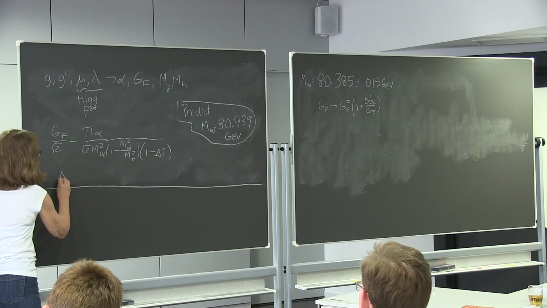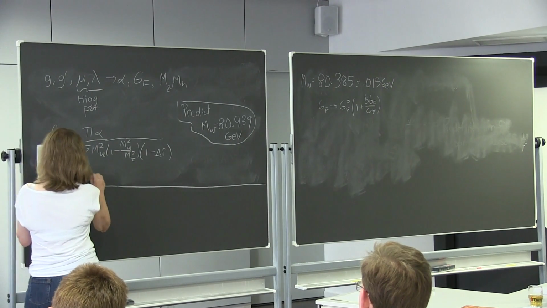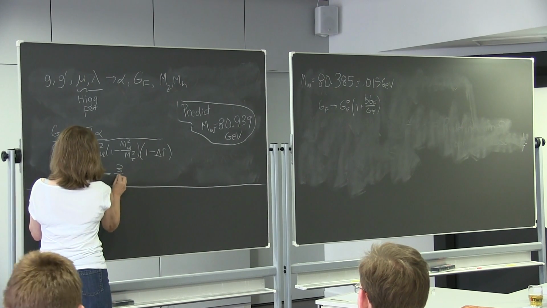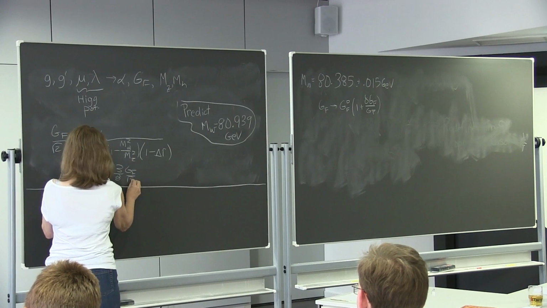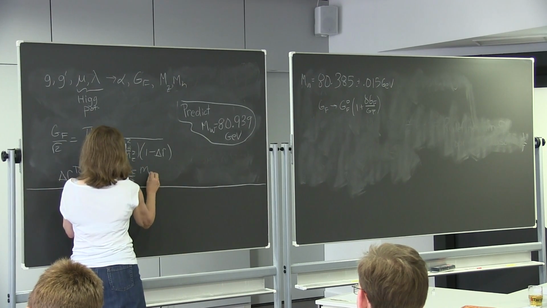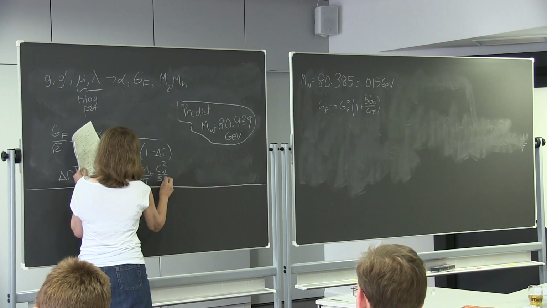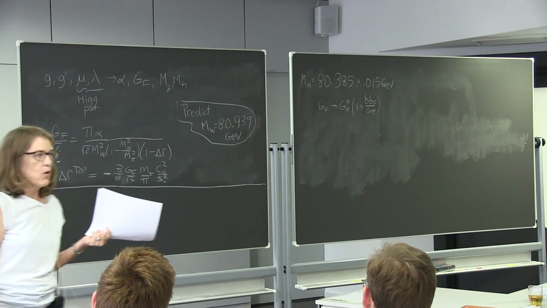So delta r from the top quark loop has a minus sign. That minus sign is important. It is 3/8 G Fermi over the square root of 2 mt squared over pi, times cosine theta w over sine squared, where cosine theta w is just mw over mz.